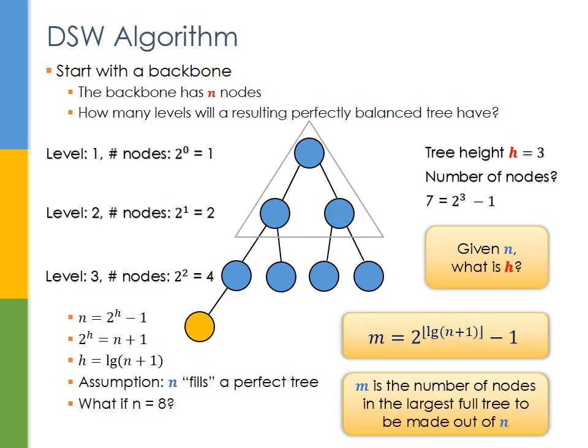So we can then perform a computation. Here we have our computation that calculates the height of our tree given n. Now we take the floor of this height because we are also trying to deal with situations where we have nodes that can't completely fill a perfect tree.